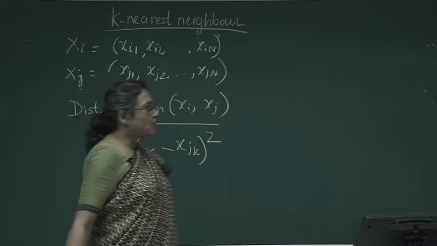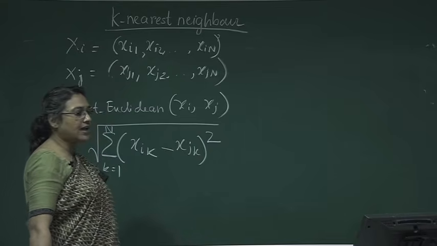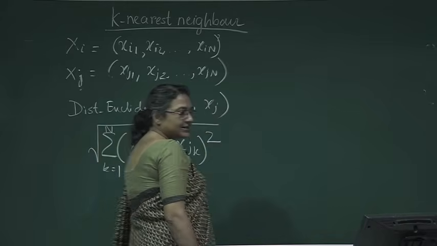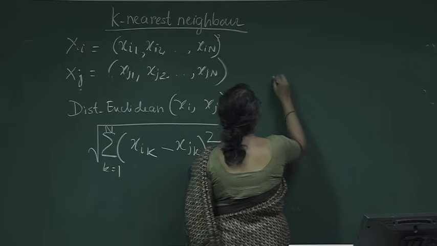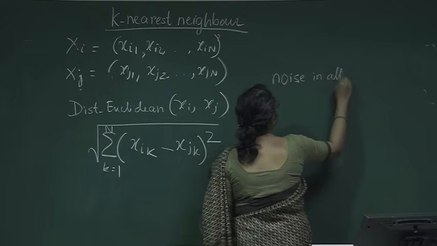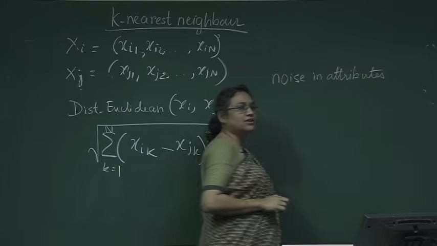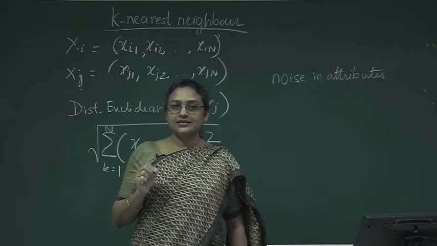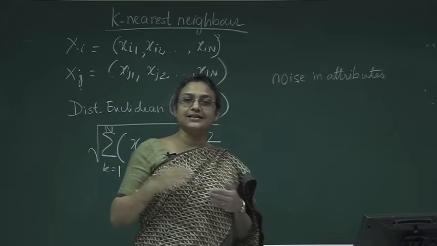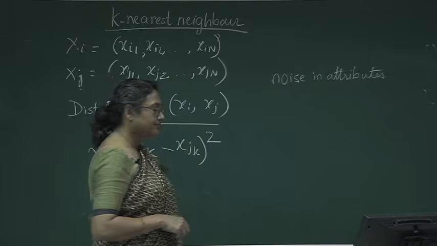Now, when do we go for averaging with large k, and when do we go for k equal to 1? We will go for averaging under circumstances where there is noise in attributes. Because of the noise, the instance that is closest to the test instance may not capture everything about the test instance better than another instance which is slightly further away, but still close.